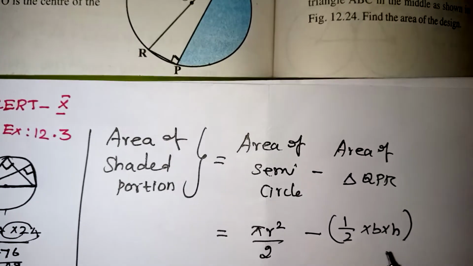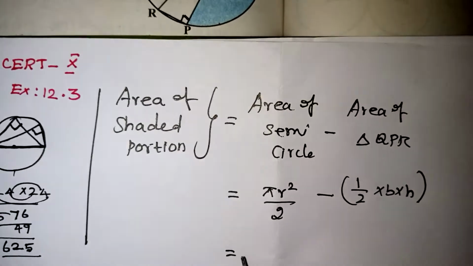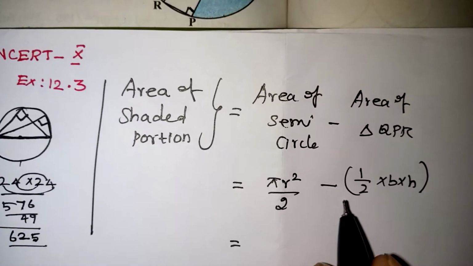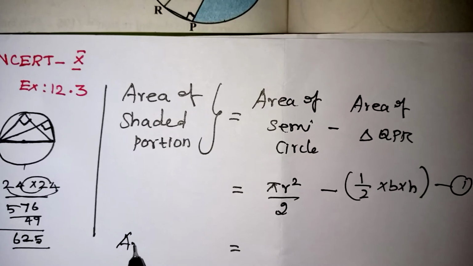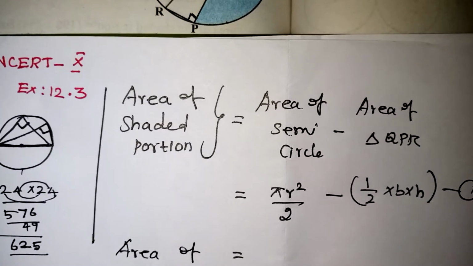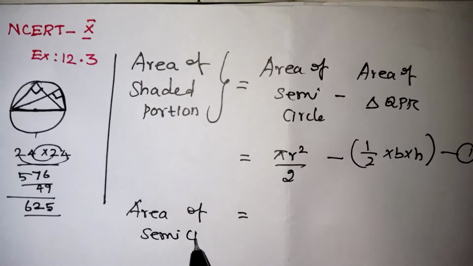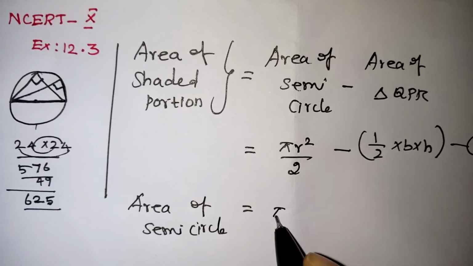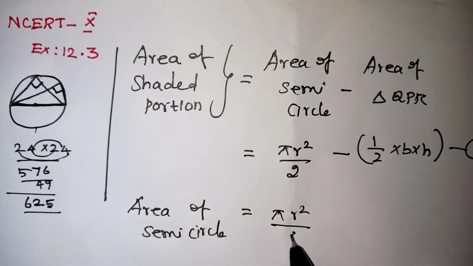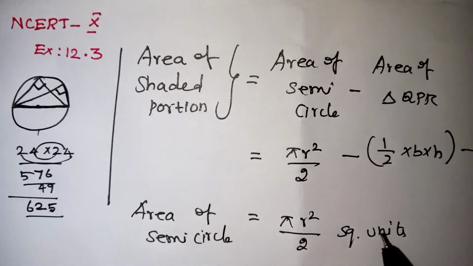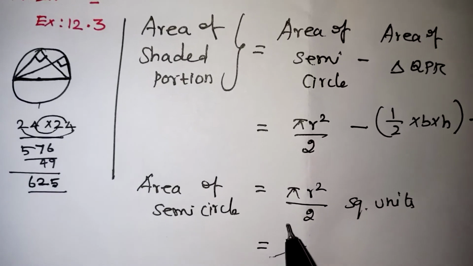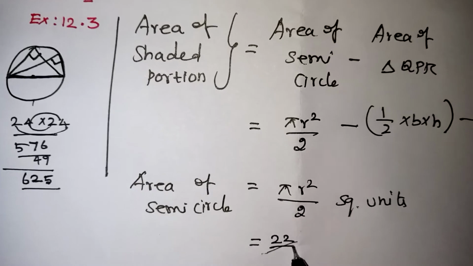This one we'll find out separately, then we'll come back to the first equation and find it very easily. First let us find the area of the semicircle. Area of the semicircle is equal to pi r squared by 2 square units. Always don't forget to write the units, square units you have to mention. So pi value is 22 by 7, we know that.